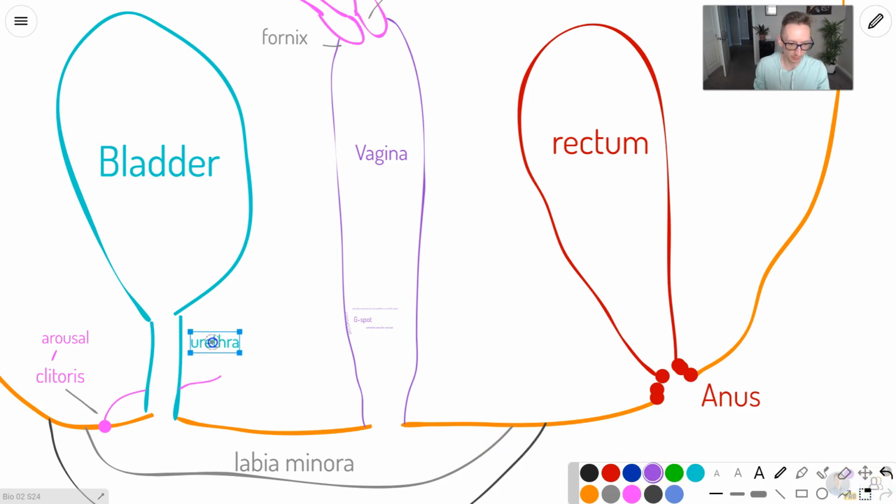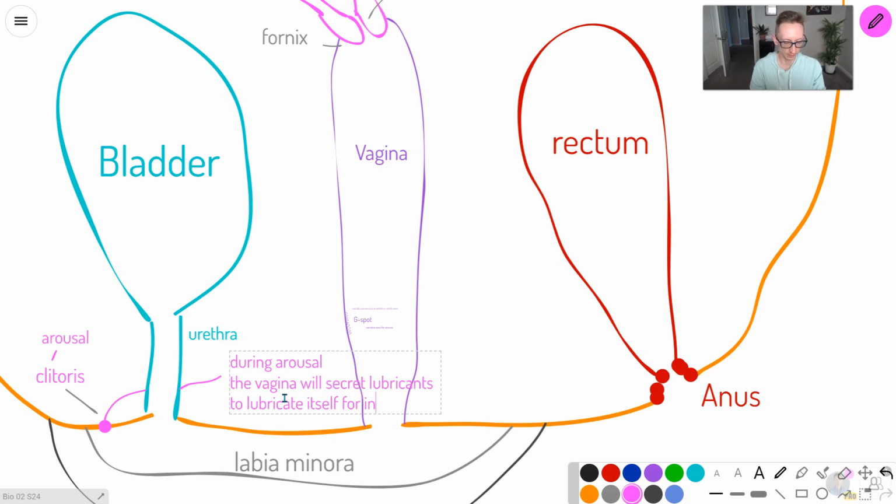move this urethra. I'll kind of put it here in pink. During arousal, the vagina will secrete lubricants, like mucousy fluid substances, to lubricate itself for intercourse.